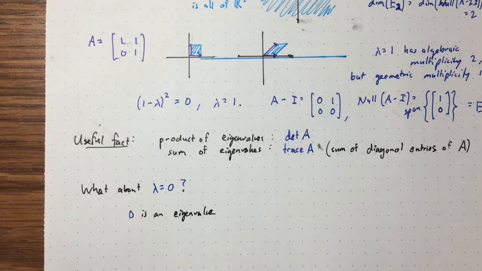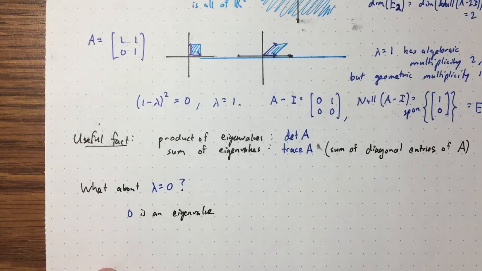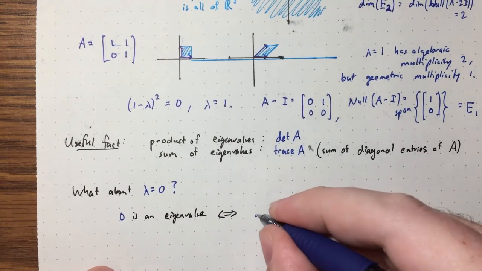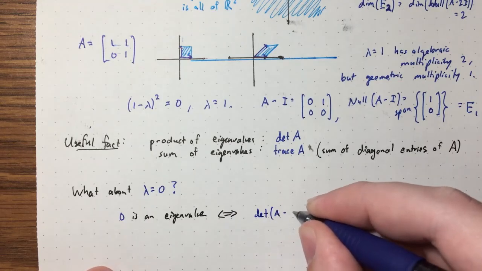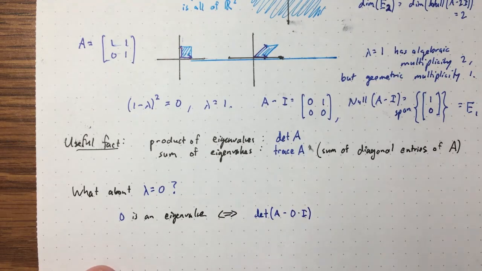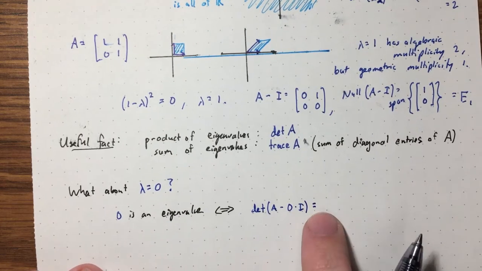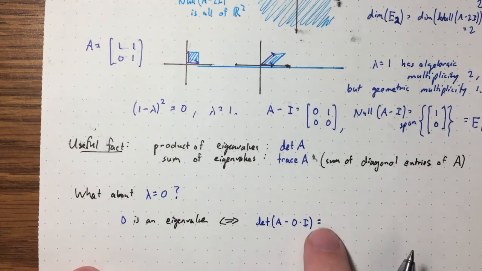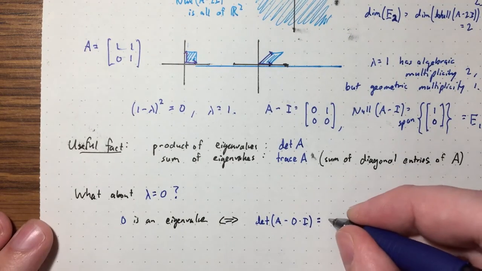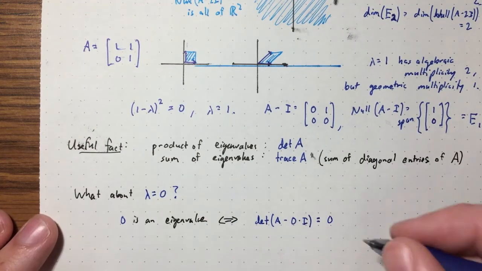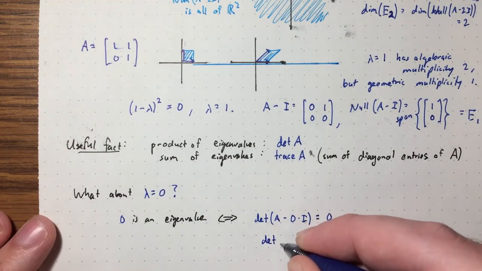It means that if I take the determinant of A minus 0 times the identity, I get 0, right? But 0 times the identity is just a 0 matrix. So it's saying the determinant of A is 0.